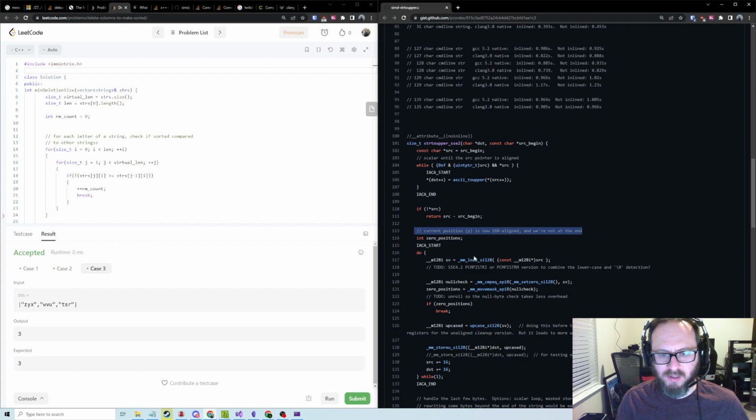SIMD things need to be 16 byte aligned. If you're asking me for a definition of what 16 byte aligned means at this moment, I don't have it 100% locked in. I would say the address is like some multiple of 16. That makes sense. Which I think would mean some address of 16, some multiple of 16.